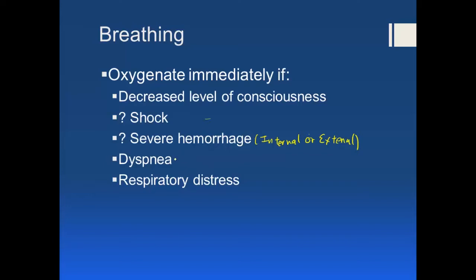If the patient is having shortness of breath or appears to be in respiratory distress, then put your patient on oxygen. And at this point, it's okay to use oxygen via non-rebreather at 15 liters per minute. So if you have any of these, then go ahead and just put your patient on a bunch of oxygen. You can always back it off later if you have time and the patient's stable enough for that.